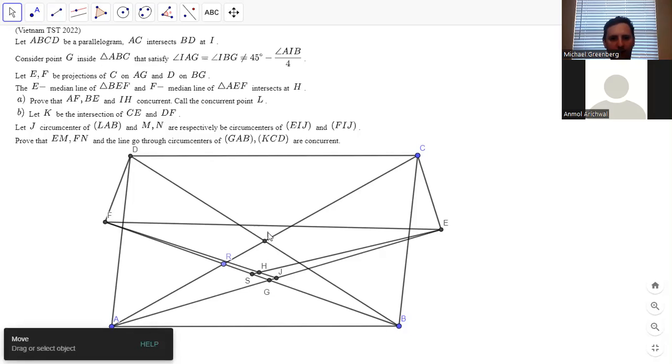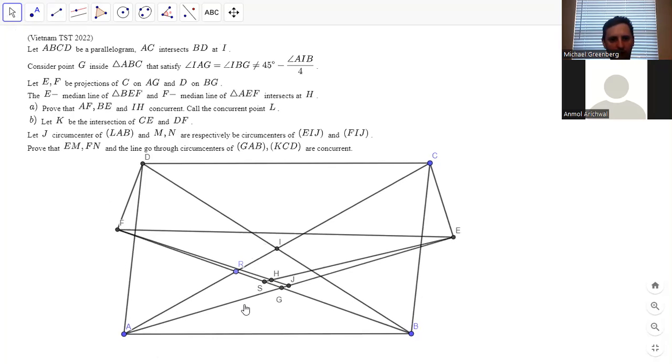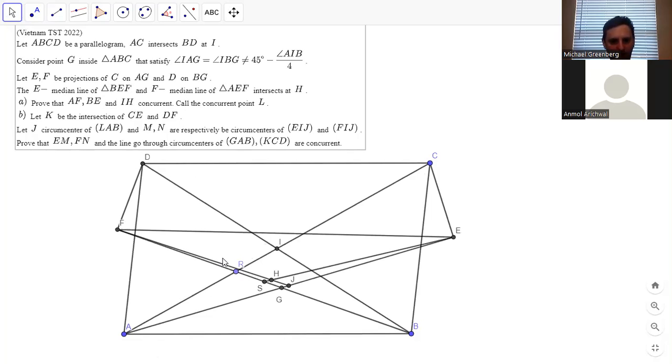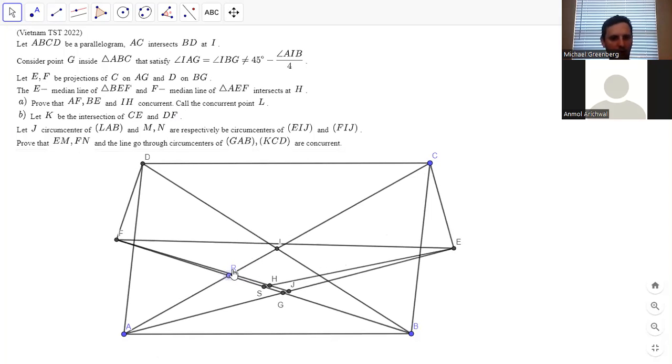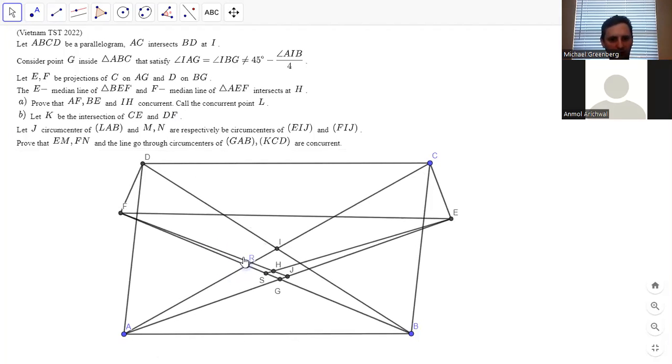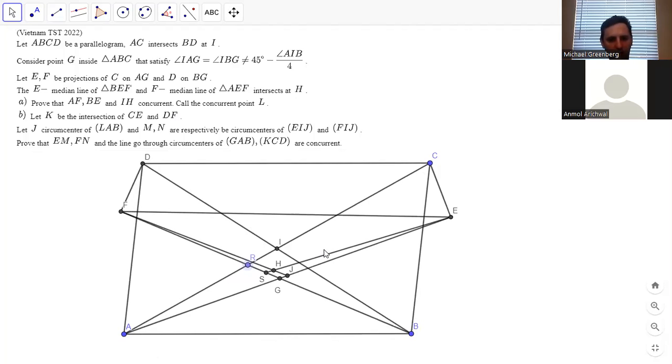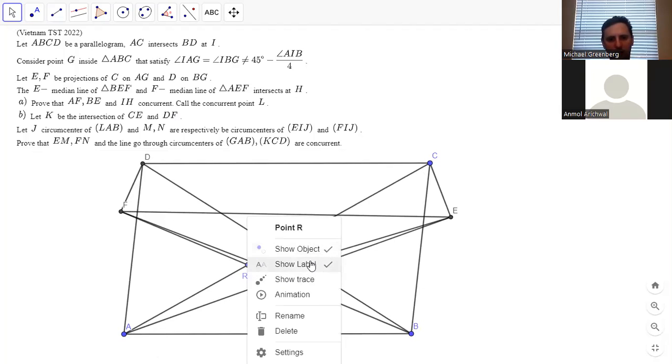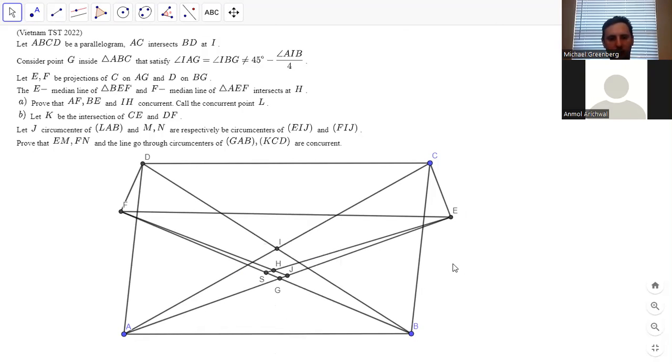AF, BE, and IH concur. So that's A. Yeah, we don't really need R. I'm going to hide it. Let's see, can we use Desargues?